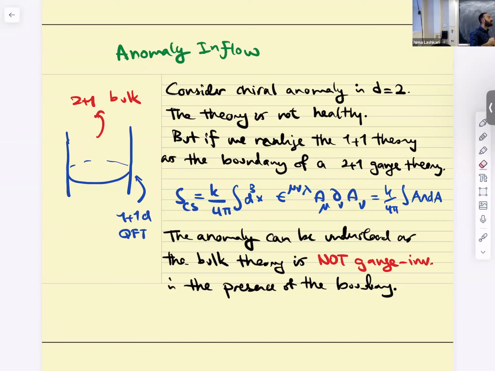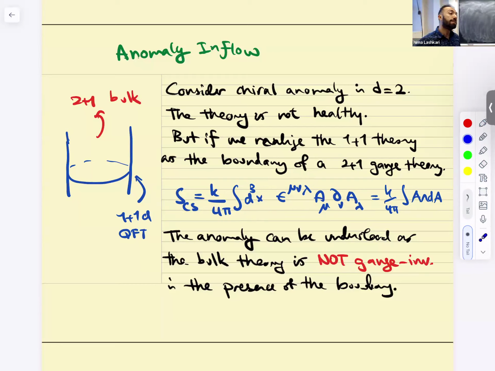It's called the Chern-Simons action. So what is that action? It's the integral of d^3x epsilon^{mu nu lambda} A_mu partial_nu A_lambda. So A wedge dA.